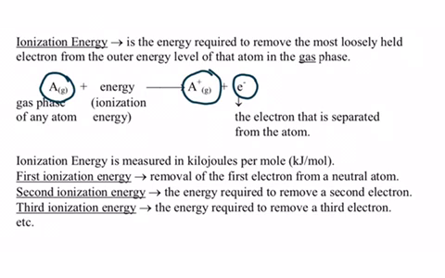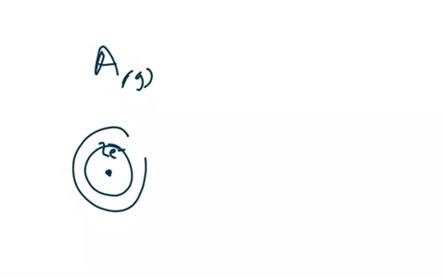So what we're going to do is take a regular atom in the gas phase. Let's say it was an atom such as, let's look at something simple like lithium. Here's the nucleus. The first energy level has 2 electrons, and then the second energy level has 1. The energy needed to remove that electron is called the ionization energy, so we'll call it IE.